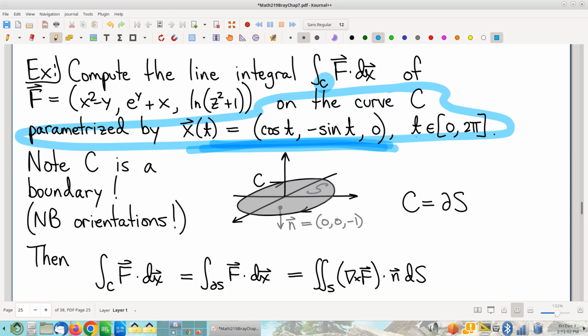You can view this minus sign as a reflection through the x-axis within the xy plane. And so all this means is this is our regular unit circle in the xy plane, just reflected and thus going the other way. Is everybody happy with that? Okay. So now, the big question.